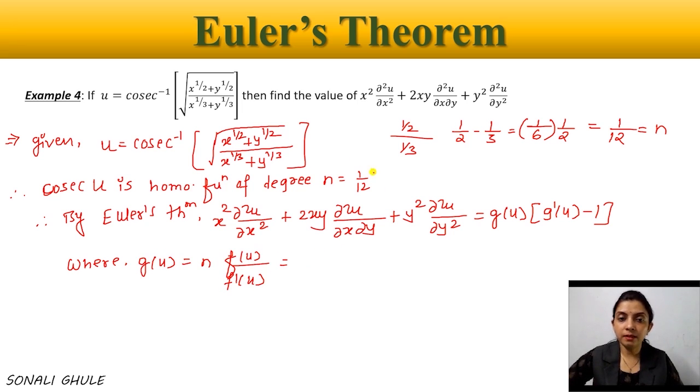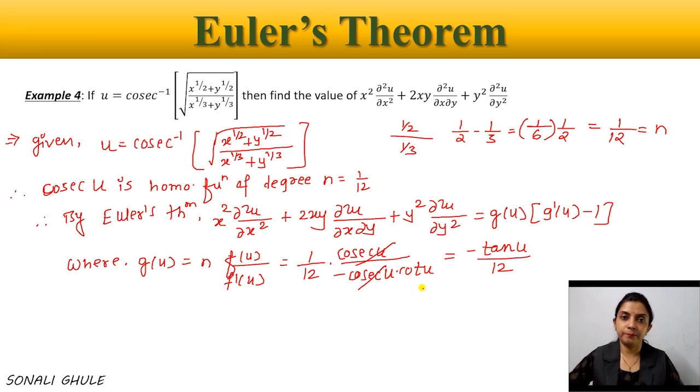So what is n? It is 1 by 12, right? What is f of u? Cosec u. And what is the derivative of cosec u? It is minus cosec u into cot u. So cosec u gets cancelled, and 1 upon cot u, I can write as minus tan u upon 12. And if I differentiate this with respect to u, that will give you g dash of u. So what is the derivative, g dash of u?